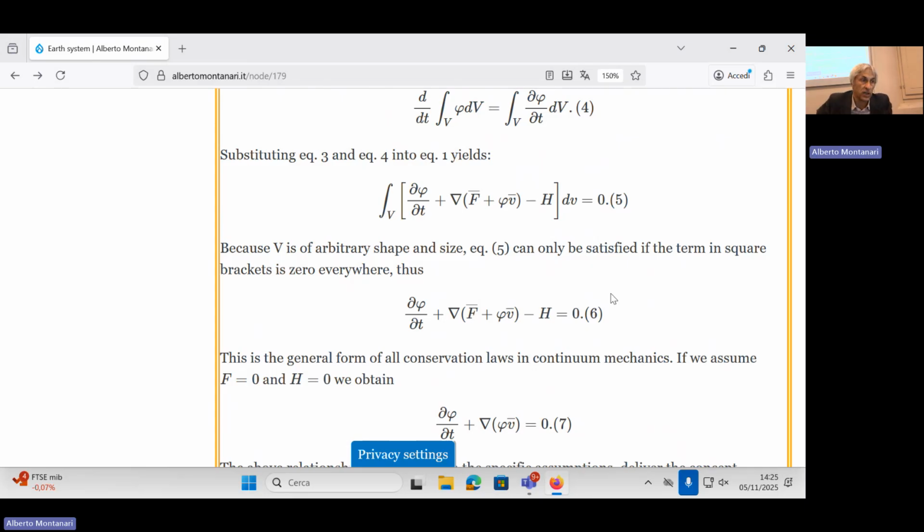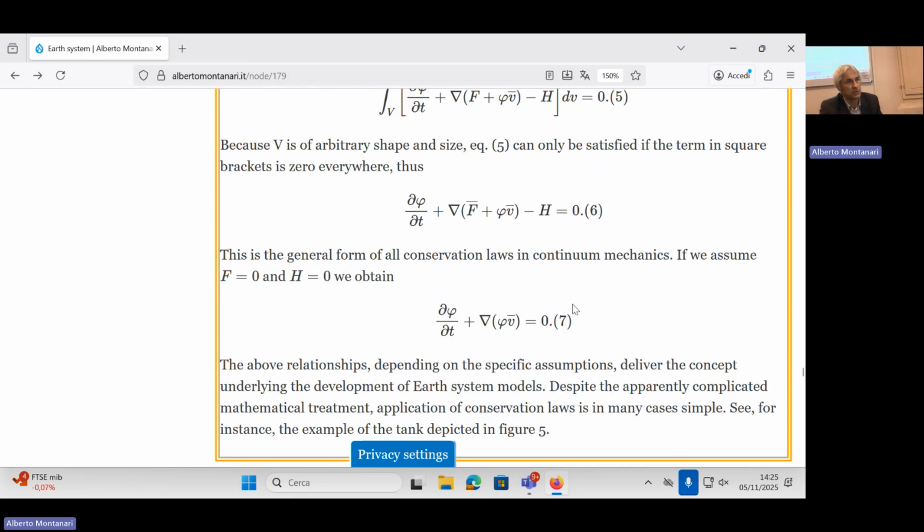And then you can assume, like it's usually done in continuum mechanics, but not always, that capital F is 0, meaning that the only fluxes through the surface are those associated with the movement of fluid.